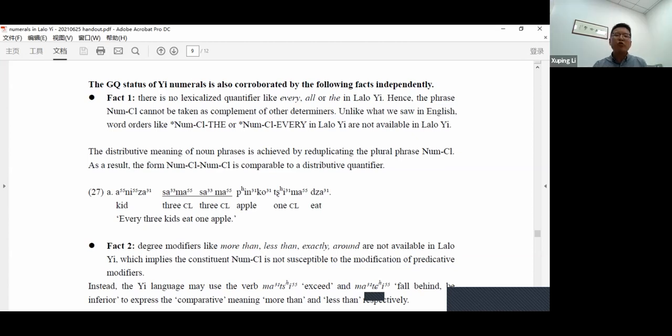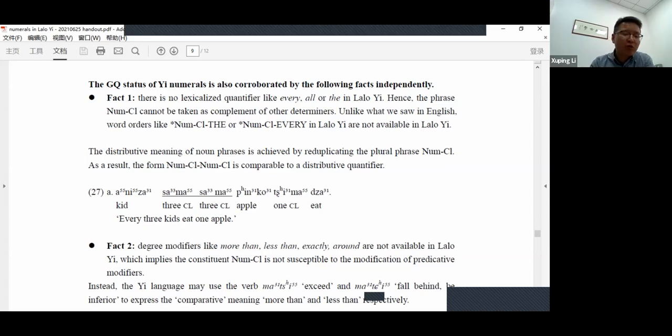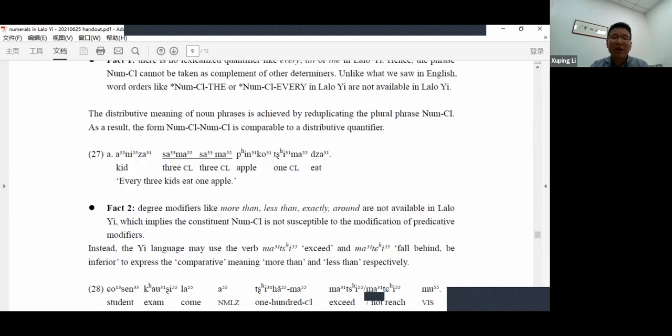Well, some may ask, how would you express the distributive reading or the definite reading? They use num classifier. So if they want to say every 3 kids eat 1 apple, they can say kids 3 classifier, apple 1 eat. Okay, so that's the distributive meaning.